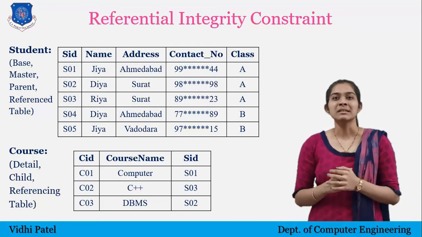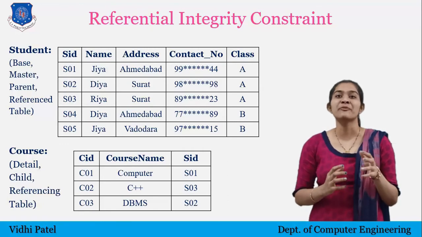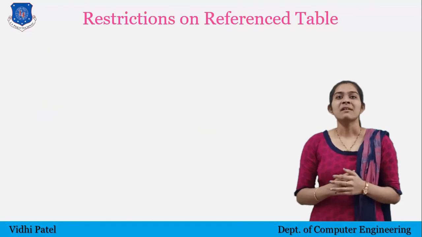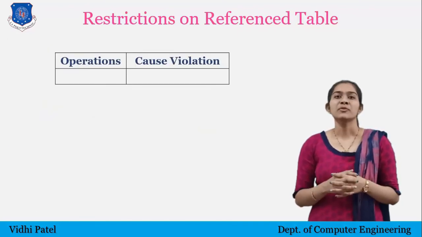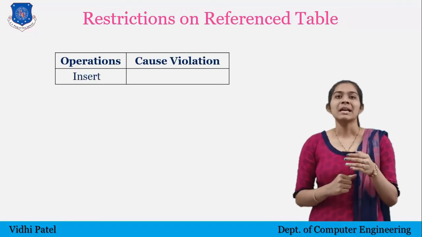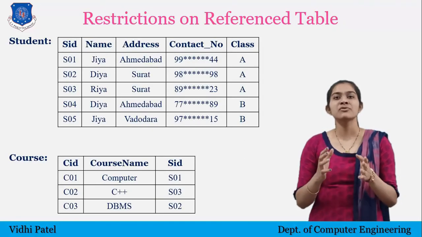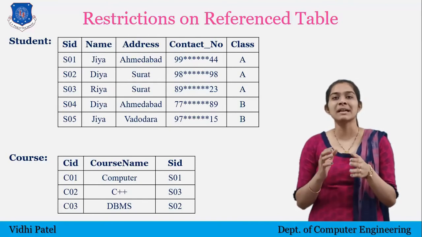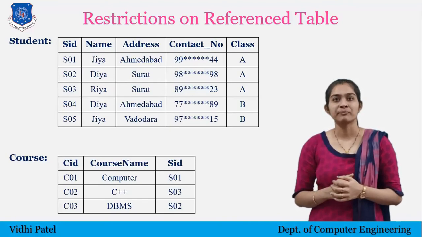Now let's see enforce restriction on the referencing and reference tables. First, we will see the reference table. We take insert operation. If in student table I am inserting a record, a new student gets admission in the university, then information of that student is added in the student table.